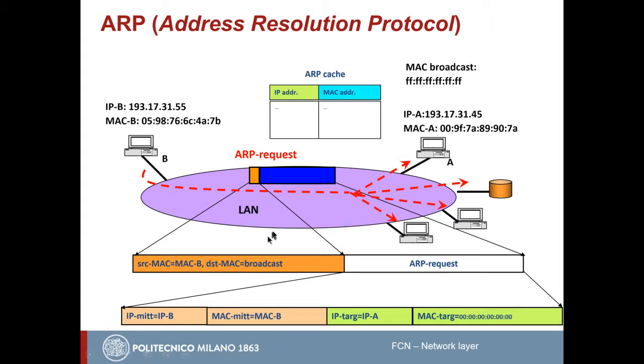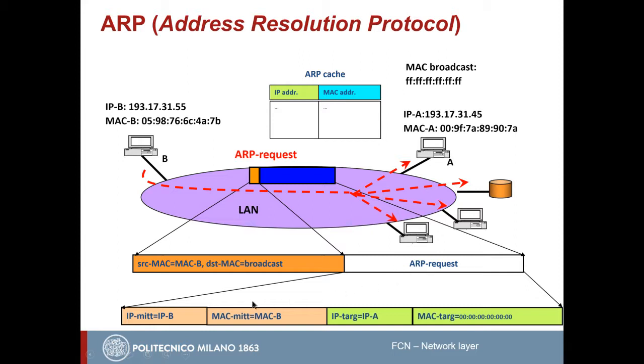And the MAC that is used as broadcast is this one, which is again a MAC address with all ones, very similar to the broadcast address for IP. So this is the header of the layer 2 frame, and the payload is directly the ARP request message.